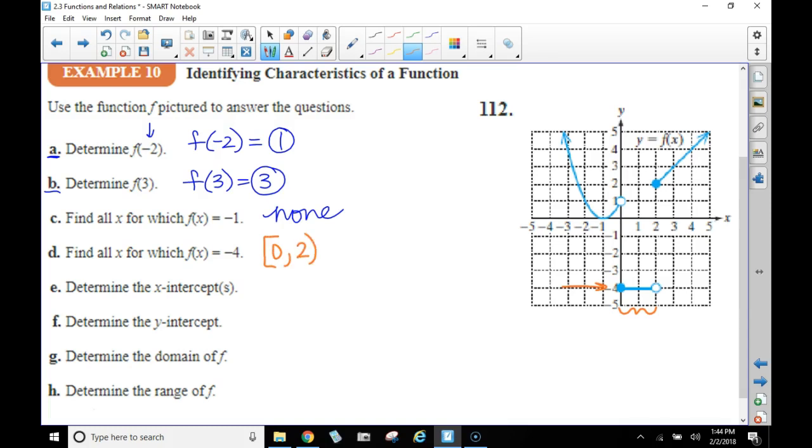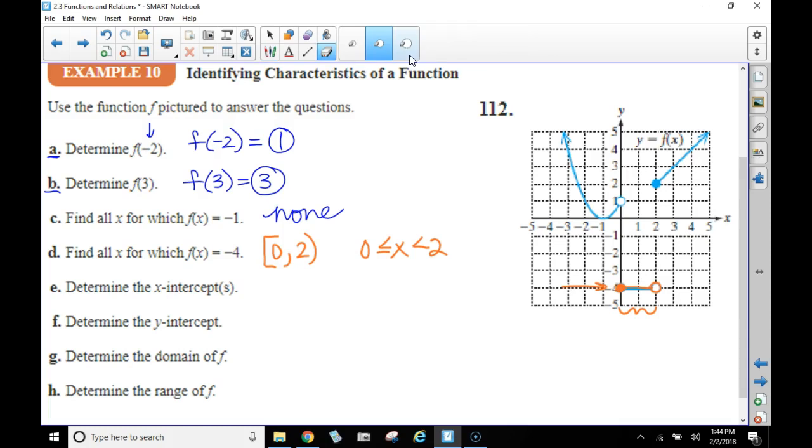That is interval notation. If we wanted to say all the x values that are greater than or equal to 0 but also less than 2, those values for x have a y function value of -4.